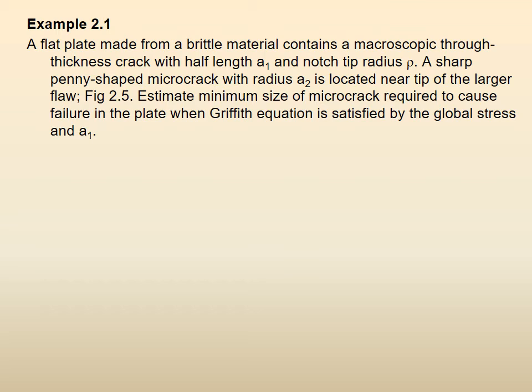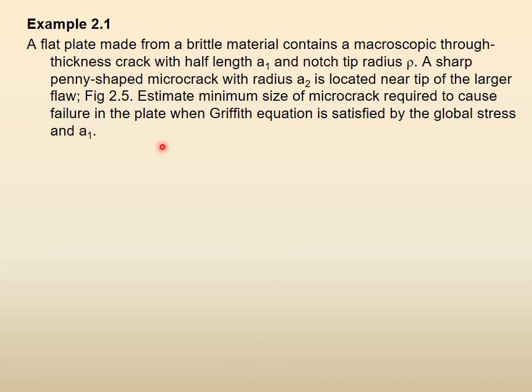It is like the previous figure, that there is a microscopic crack and there is a macroscopic crack, but the micro crack this time is circular in shape. It is penny shaped. Estimate the minimum size of the micro crack required to cause failure in the plate when the Griffith equation is satisfied by the global stress and A1.